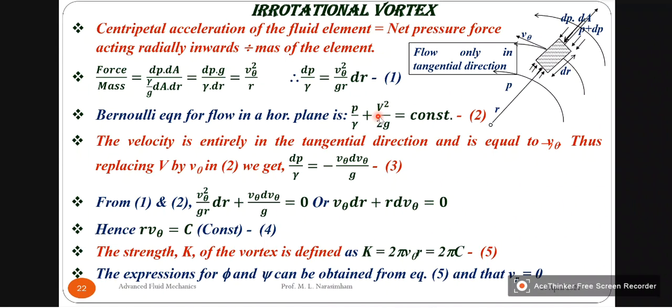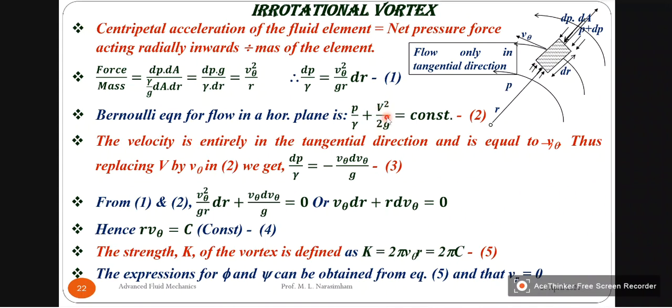Now consider Bernoulli's equation. We know that Bernoulli's equation says that P by gamma plus V square by 2g plus Z is equal to constant, where Z is the datum. For convenience, we choose the datum as the plane in which we are considering the fluid element. So Z is equal to 0. Now I can differentiate this expression. I will get dP by gamma plus d of v square by 2g.